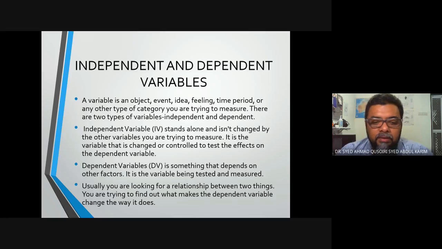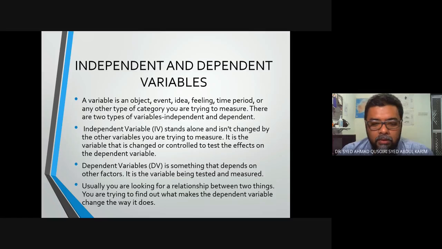It changes because of something that we did to the independent variable. So the independent variables are the variables that we manipulate, and the dependent variables are the ones that we measure. Usually you are looking for a relationship between two things, which is known as causality.